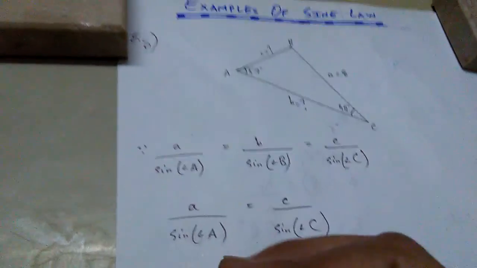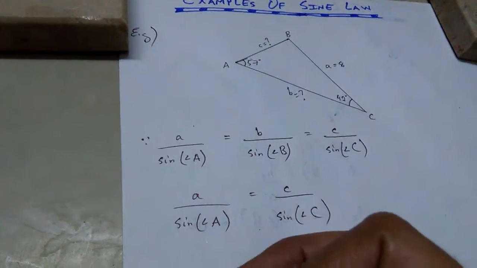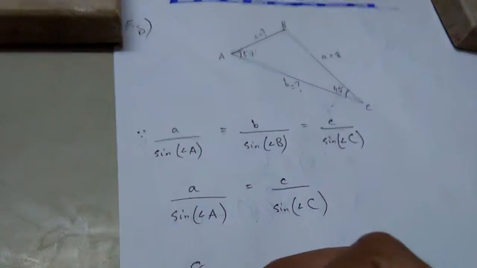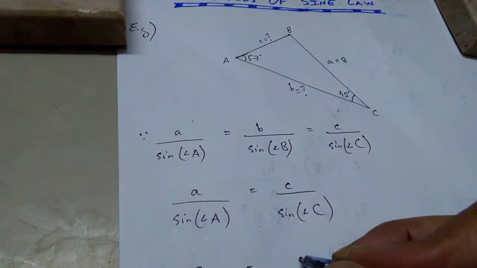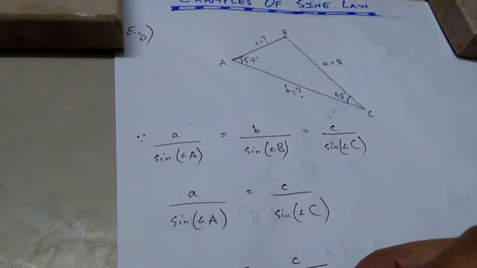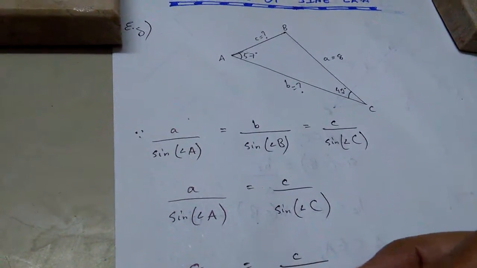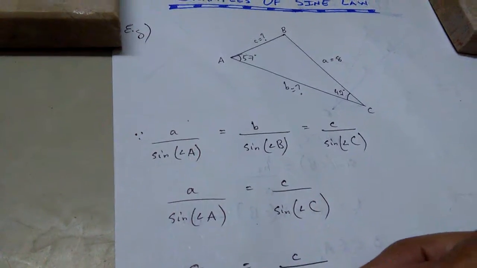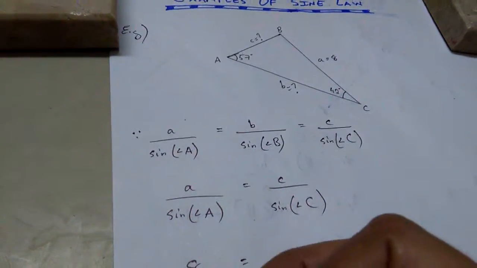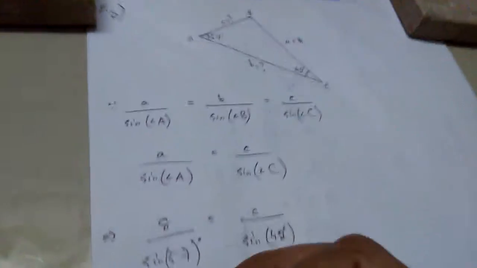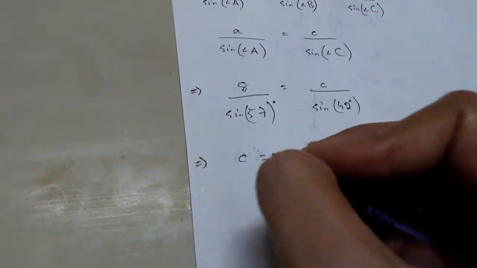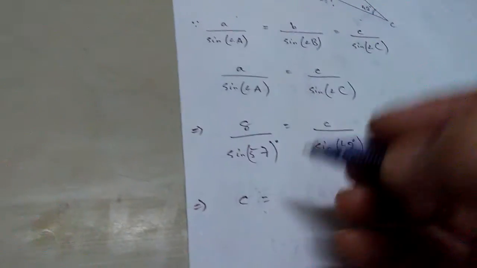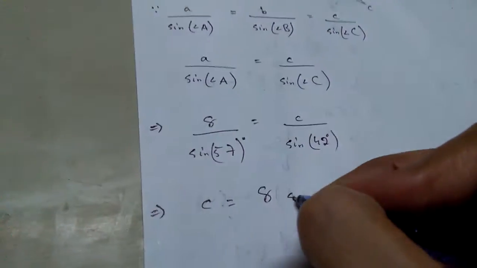Alright, let us substitute the values here. It is 8 upon sine 57 is equal to c upon sine of angle 42 degrees. Now let us move this up and do some basic maths, and the magnitude of side c will be obtained within no time.